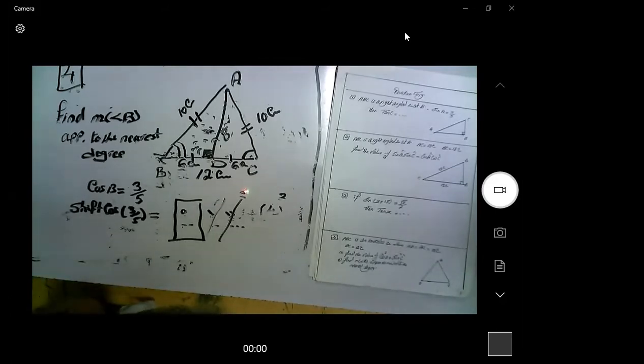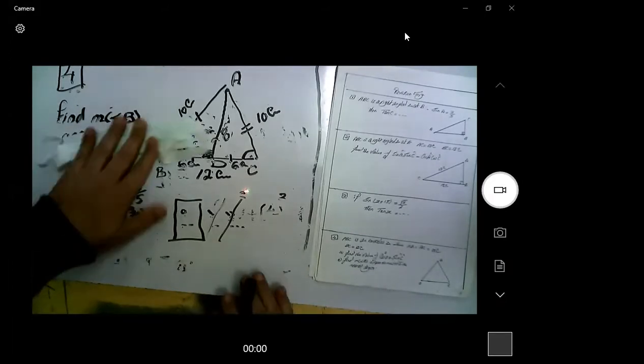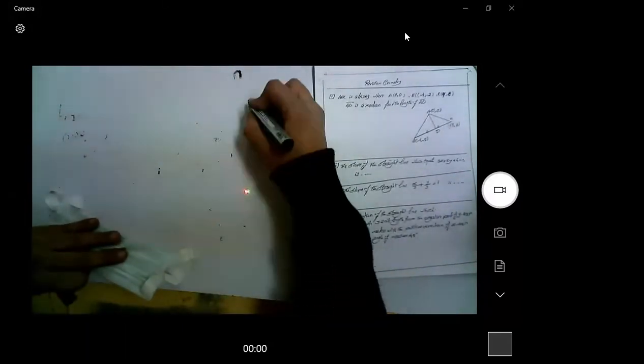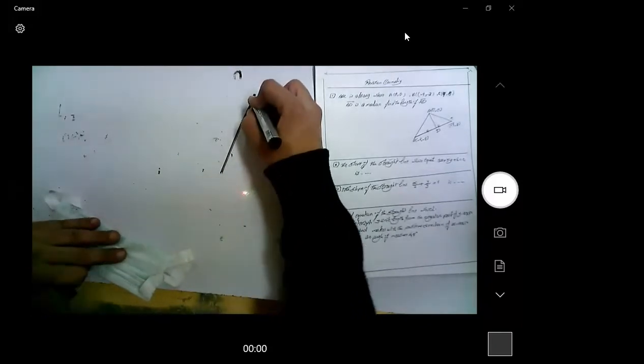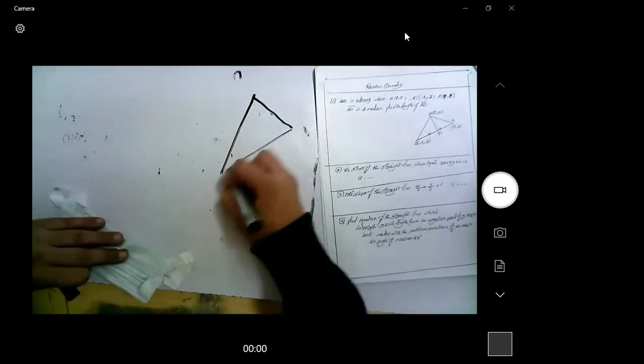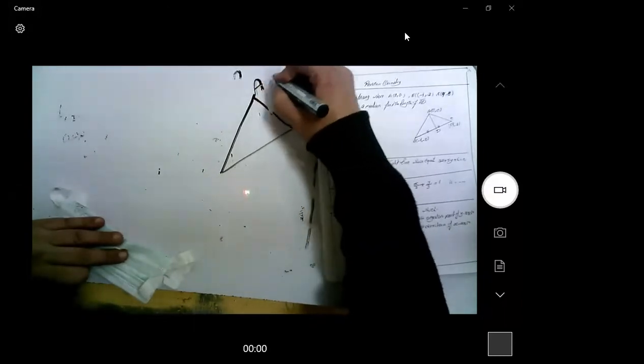Now we will have revision on geometry. Look at the first question. ABC is a triangle, where A is the point 0, 0, the origin point.